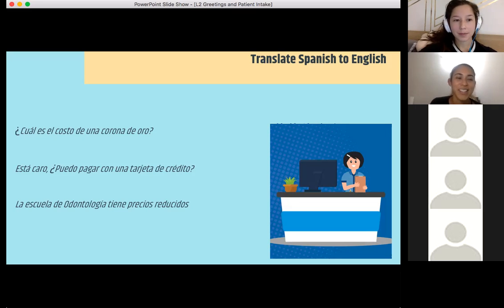The next one is, está caro. ¿Puedo pagar con una tarjeta de crédito? It's expensive. Can you pay with a credit card? Perfect. Very good. And la escuela de odontología tiene precios reducidos.